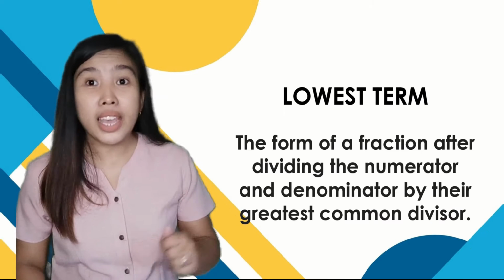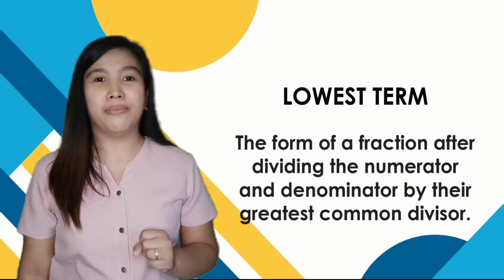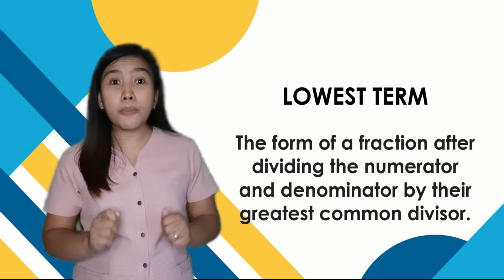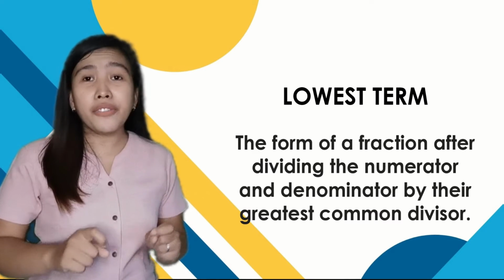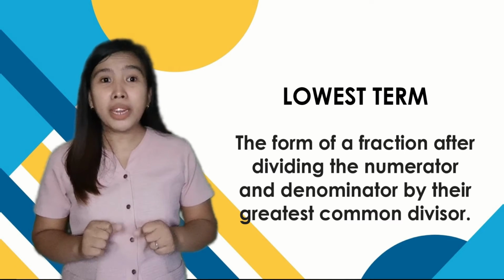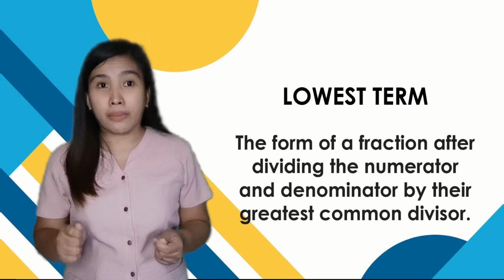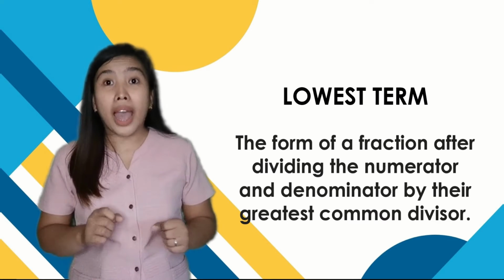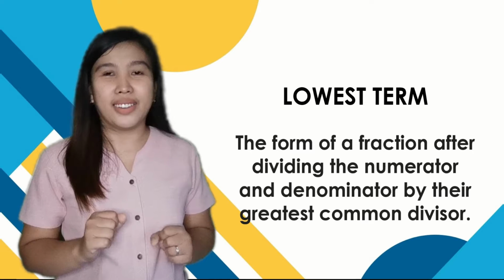The answer will be lowest term. So a fraction is said to be in lowest terms if its numerator and denominator are relatively prime. So meaning to say, they have no common factors other than 1. In our activity entitled Guess the Word, how many of you got a perfect score?